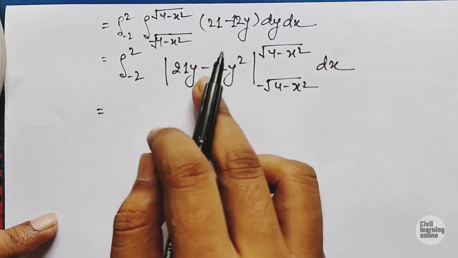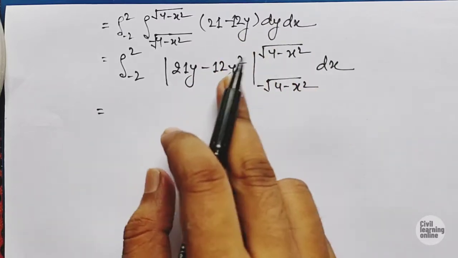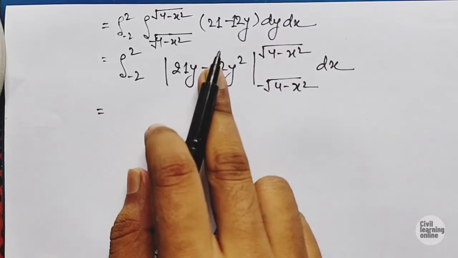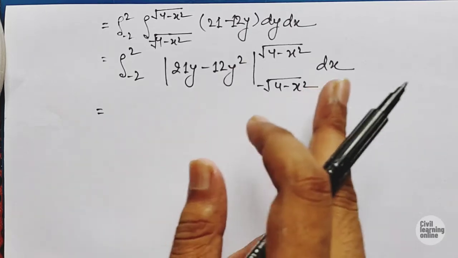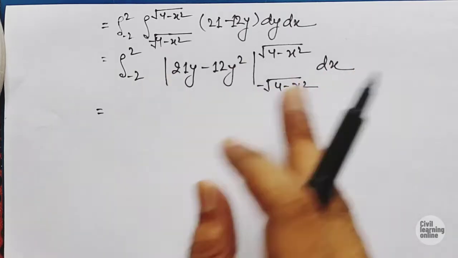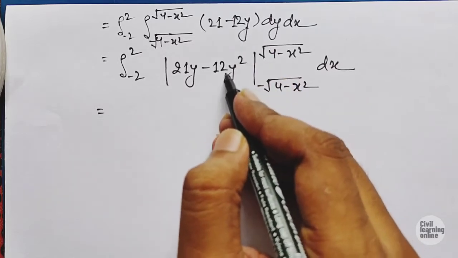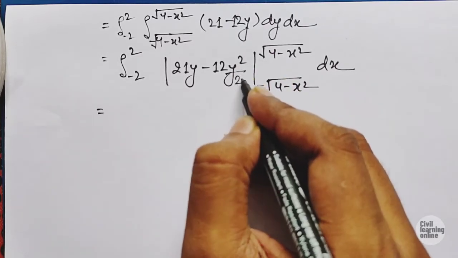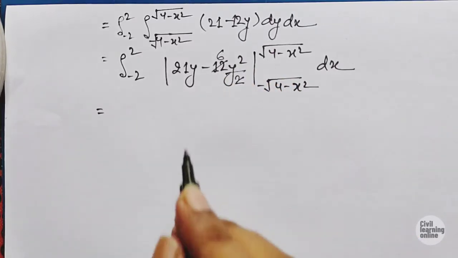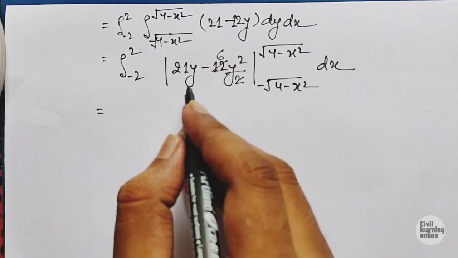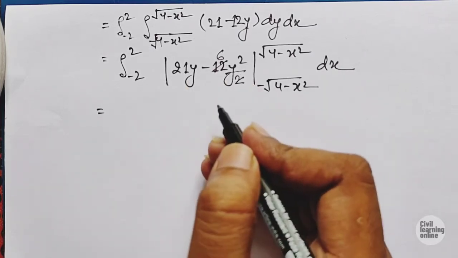Now we need to put the upper limit and then the lower limit, and then integrate again with respect to x to get the final answer. Here we will have 21y minus 6y square.